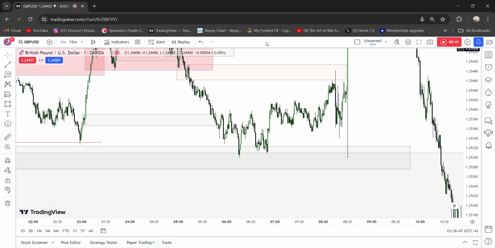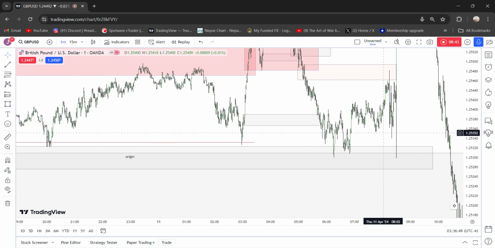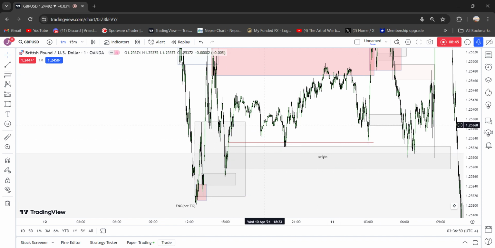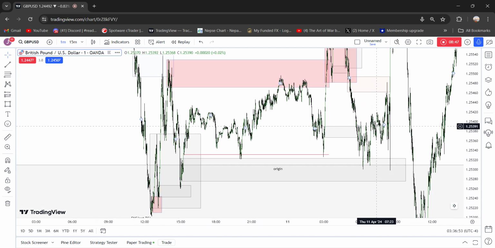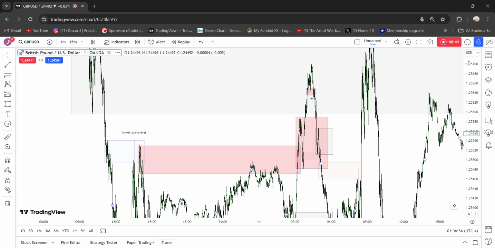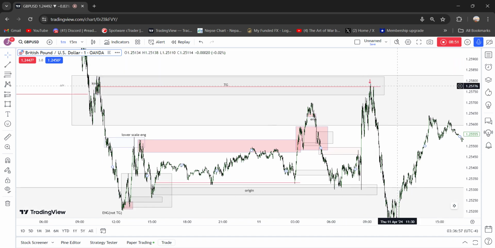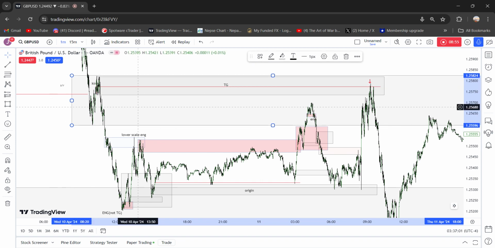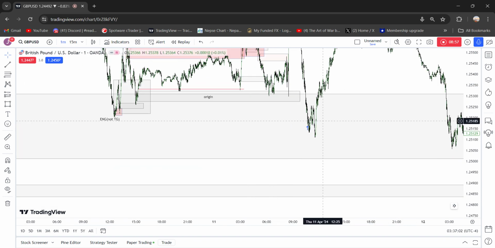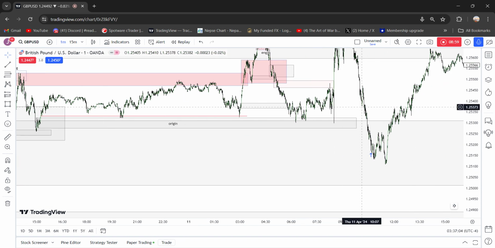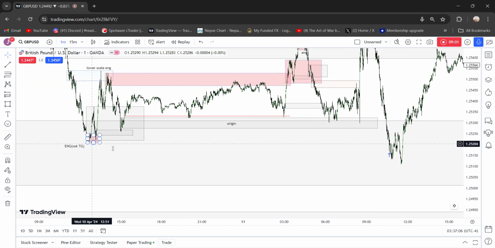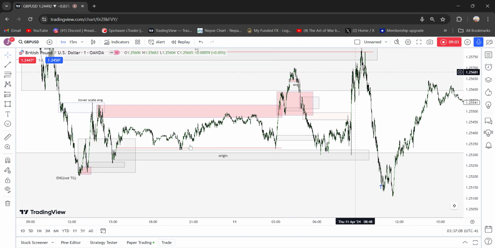Now, what price did was, price actually came back to the origin of the move, and then went to take all these orders from this particular zone. And what I did was, I took profit in the lows. So that is how I got this trade.